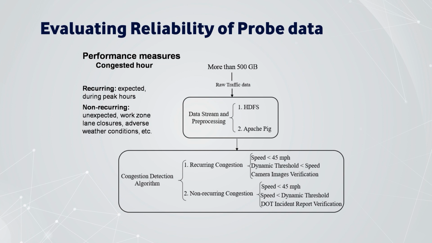And for non-recurring, again the speed limit we took was less than 45 miles per hour, checked against the dynamic threshold, and this we verified with the Department of Transportation incident report verification system. Recurring congestion is expected during the peak hours, and non-recurring is basically unexpected. This might be due to work zone lane closures, adverse weather conditions, etc.